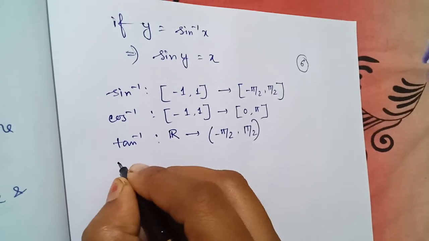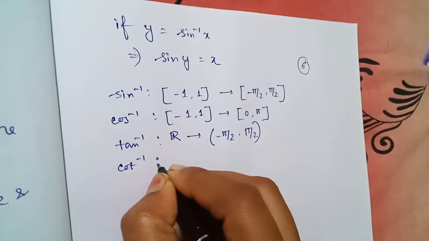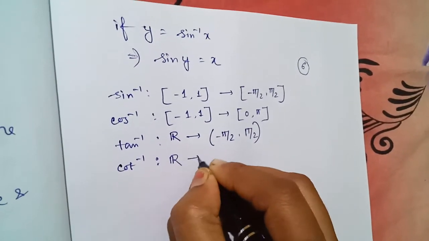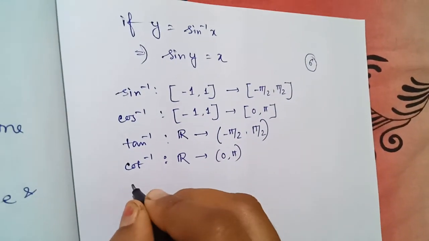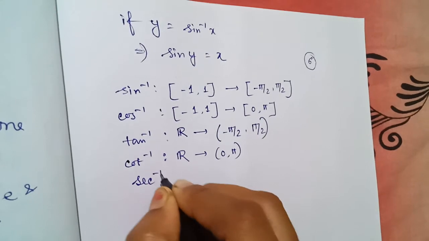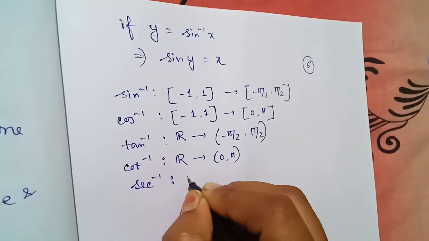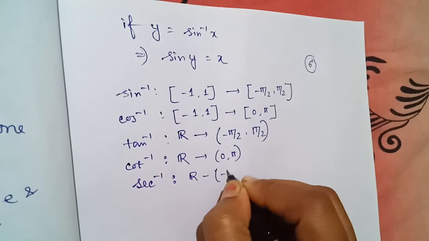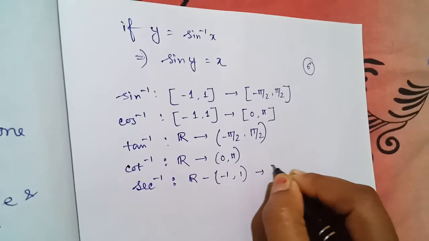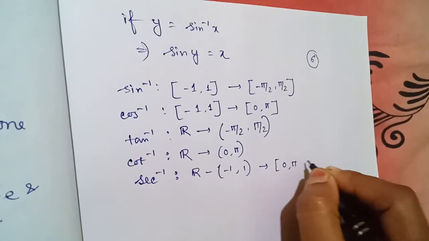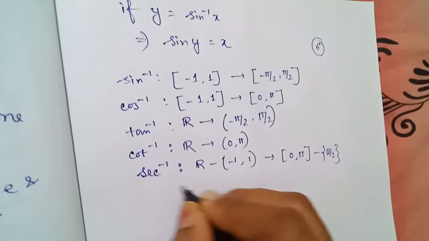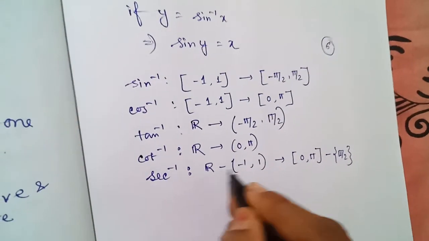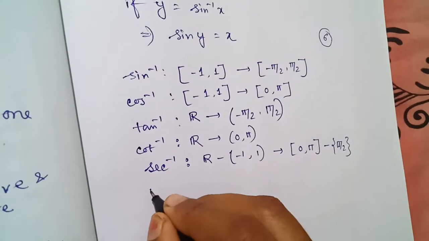Then cot inverse: 0 comma pi but open. Sec inverse: this is the domain and this is the range.